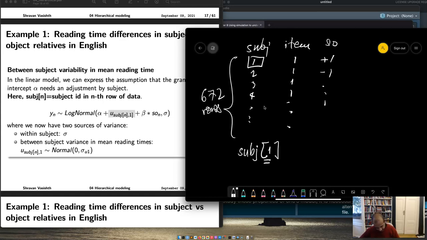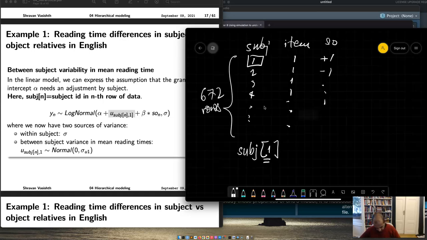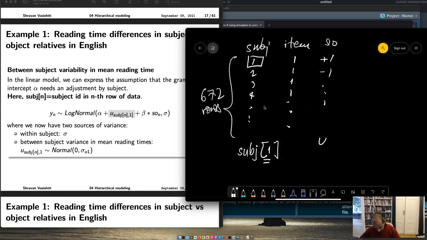The way I ask that question in mathematical notation is that I write U subscript subj in the nth position, the nth row of the data frame, where n can be anything from 1 to 672. What is the subject ID in the nth row of the data frame?